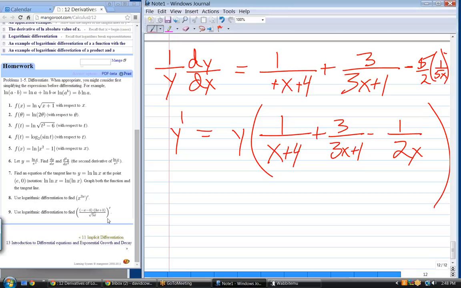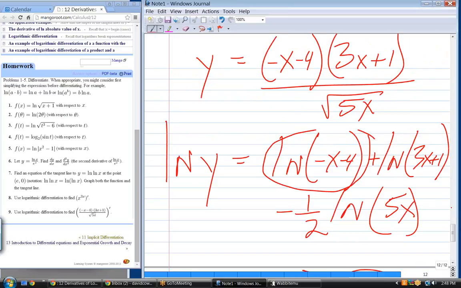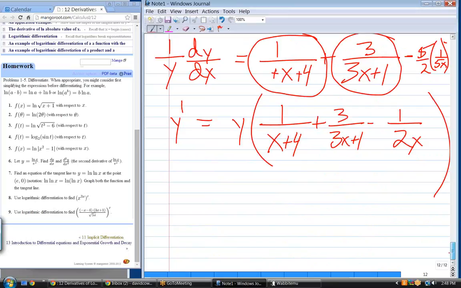But if I take the log of both sides first, it changes it into the derivative of a bunch of things that are being added or subtracted. And that's always easier than things being multiplied or divided. So it becomes really easy to take these derivatives.